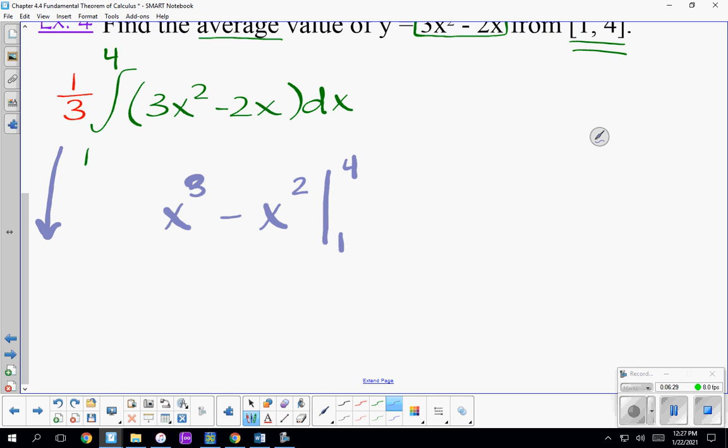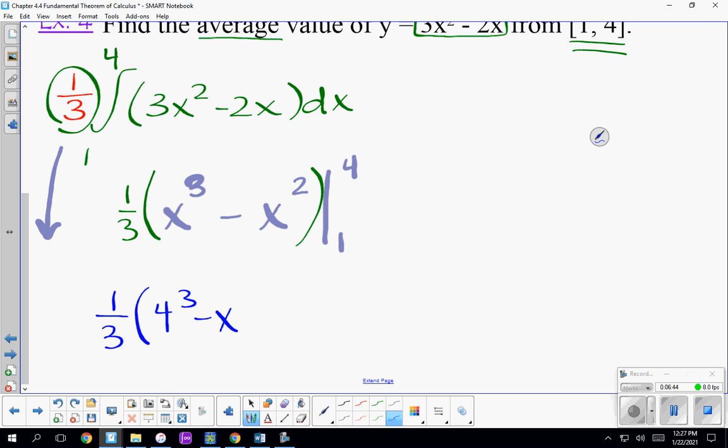This is the same example we did in the last video, except this time we have the 1/3 in front. If we leave our coefficient in the front, we're going to have 4 cubed minus 4 squared, and then I'm going to subtract, and I'm actually going to leave this 1/3 in front of the whole thing, 1 cubed minus 1 squared.